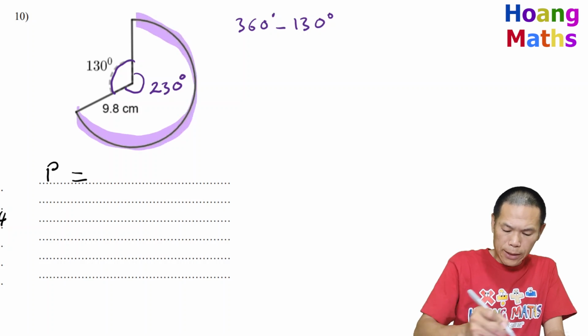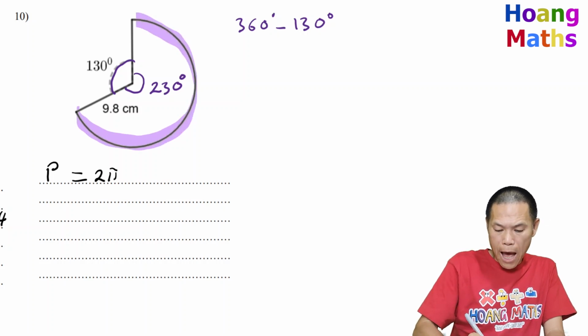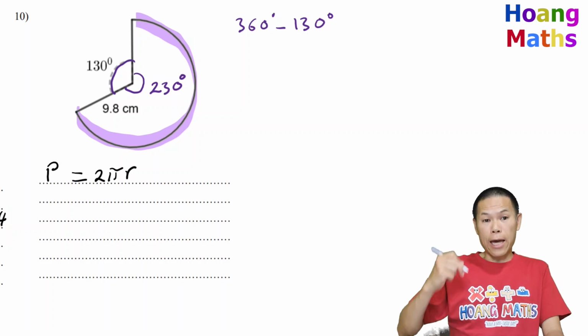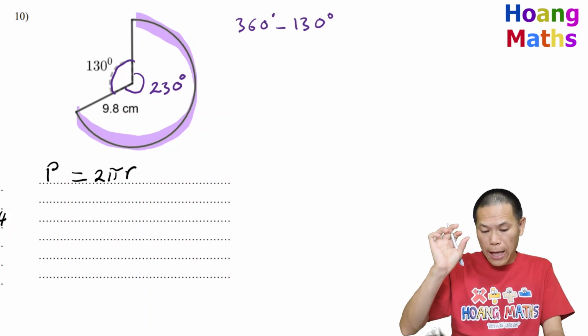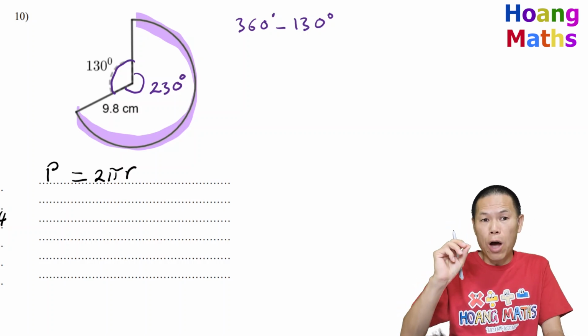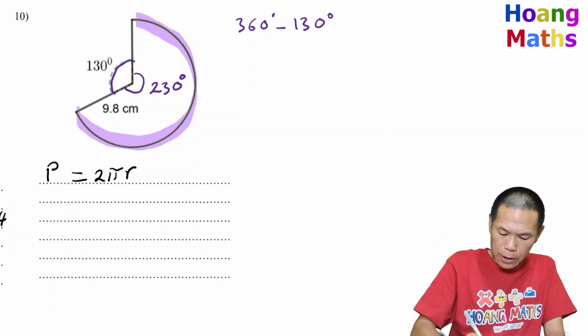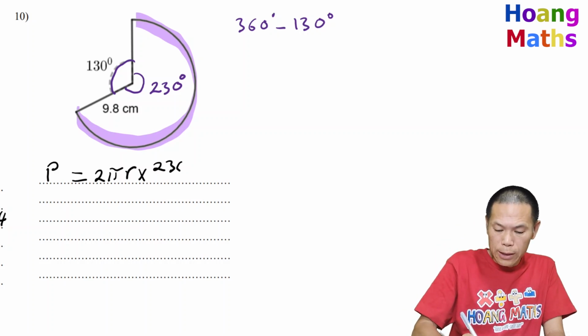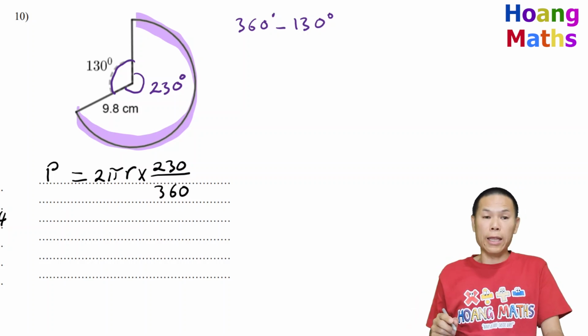So circumference is 2 pi times the radius, and we just need one fraction of it, that is 230 degrees out of 360. So which is times 230 out of 360 degrees.